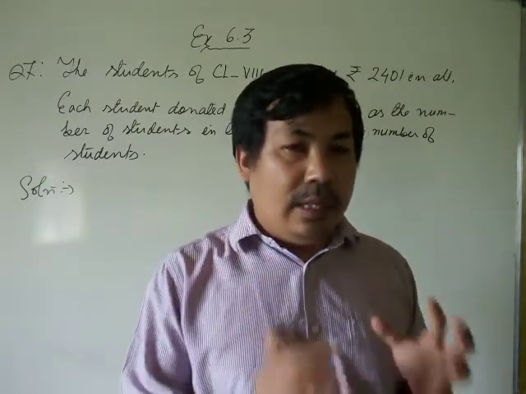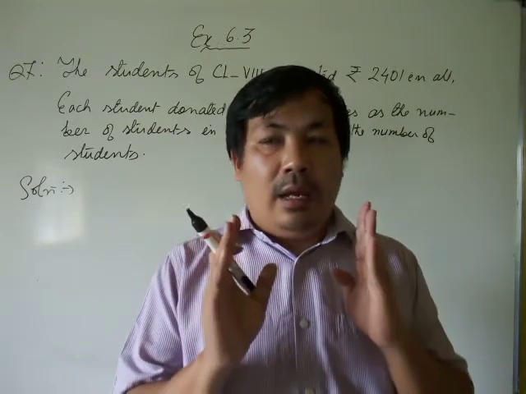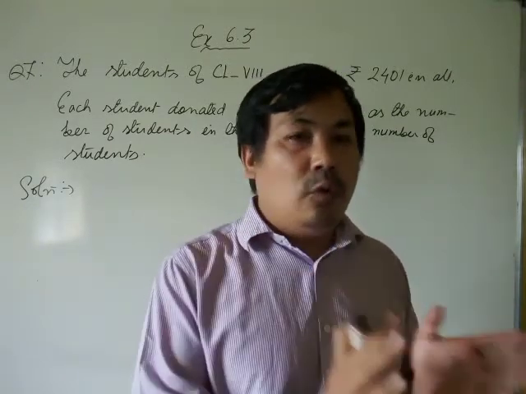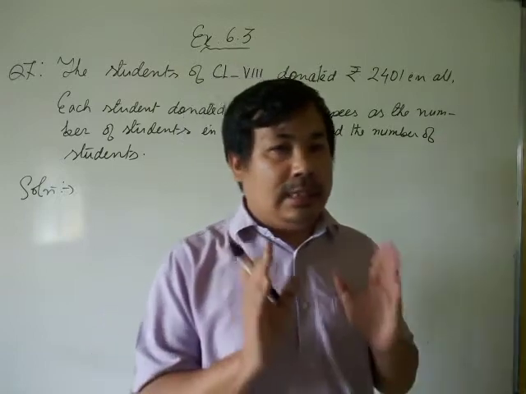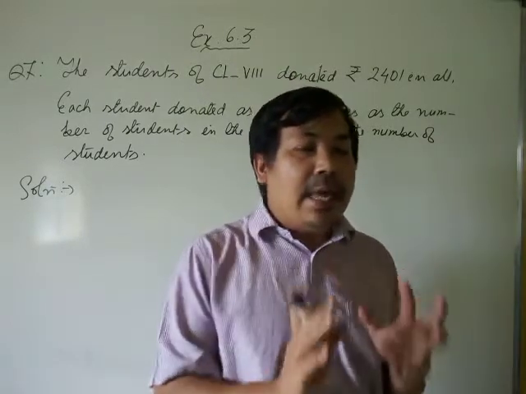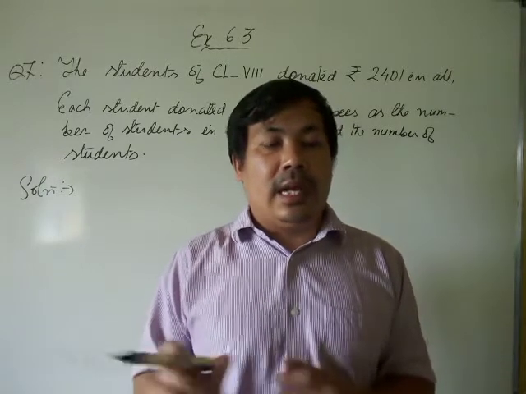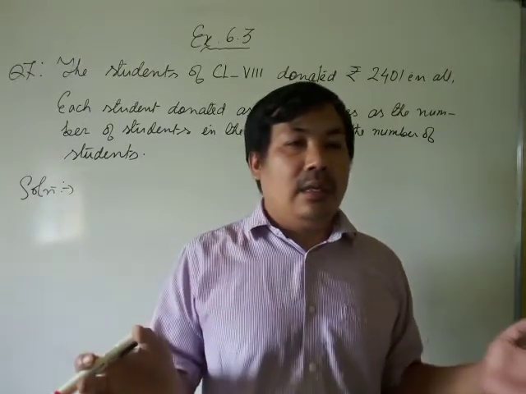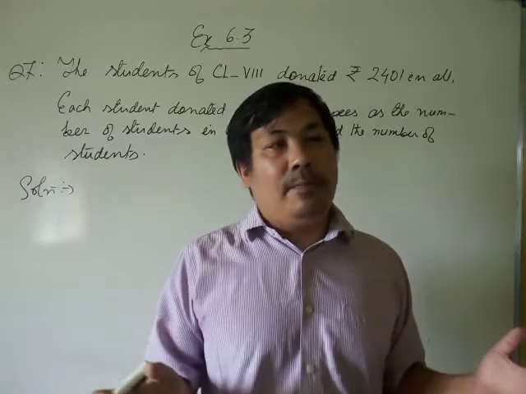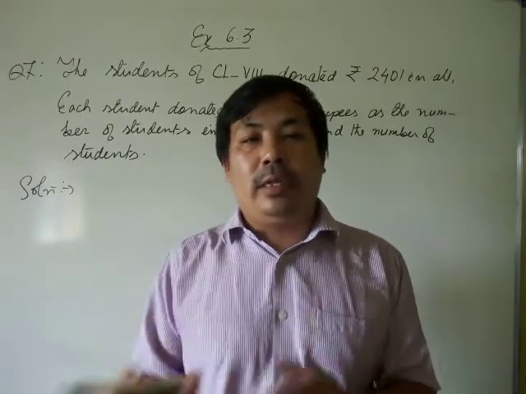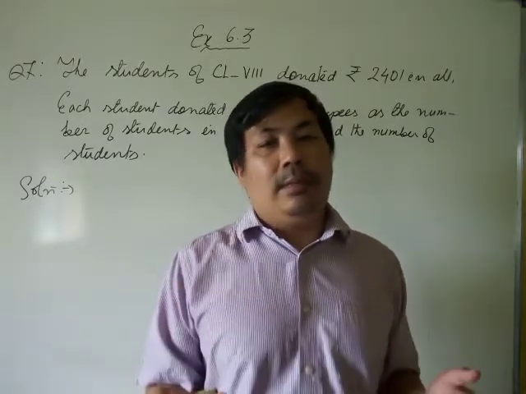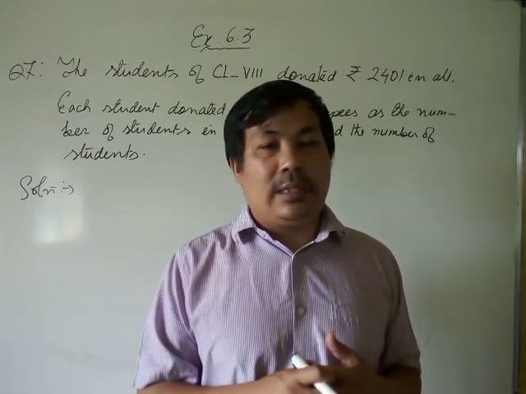The amount which is donated by a single child is the same as the number of students in the class. Suppose there are 35 students in the class, so every student had to donate 35 rupees. This is the meaning of what is given in the question.